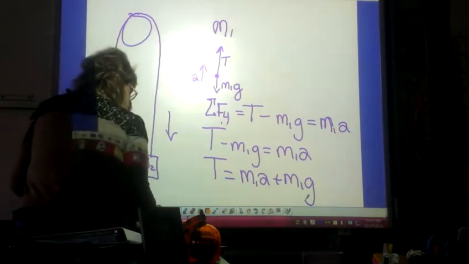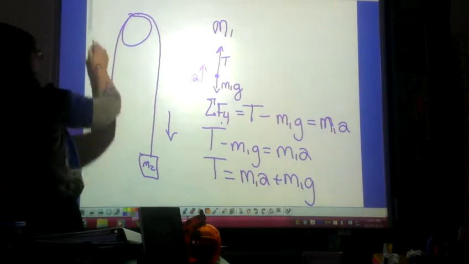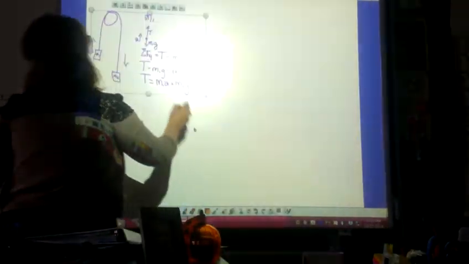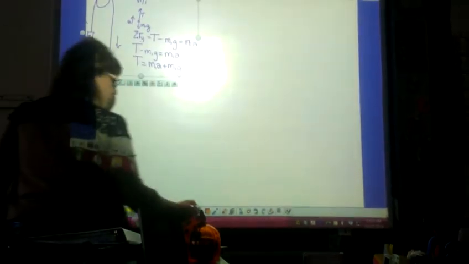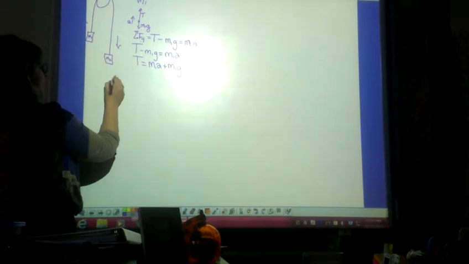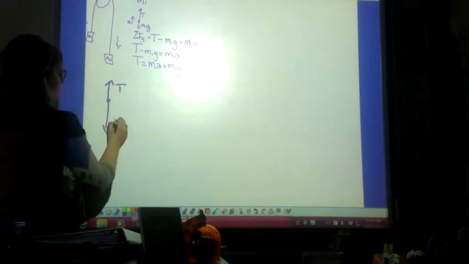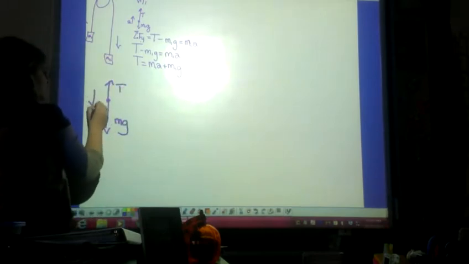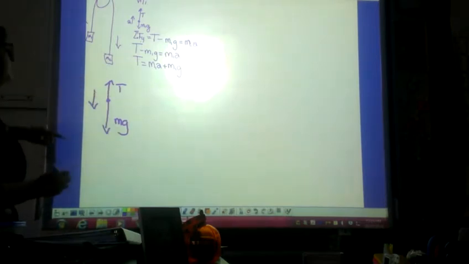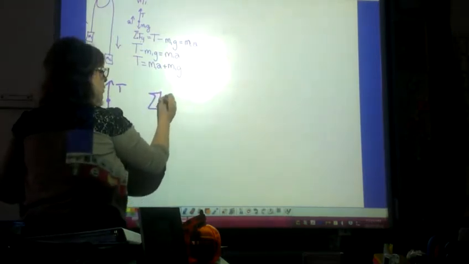Okay, let's stick with that, but then let's also do the exact same thing for mass 2. So for mass 2, I have tension, I have weight force. Since it's accelerating downward now, the weight should be larger than tension. Let's write the sum of the forces in the y here.